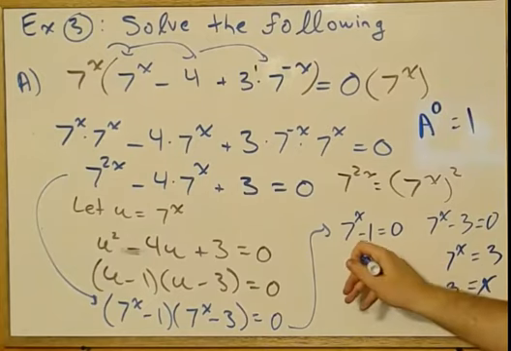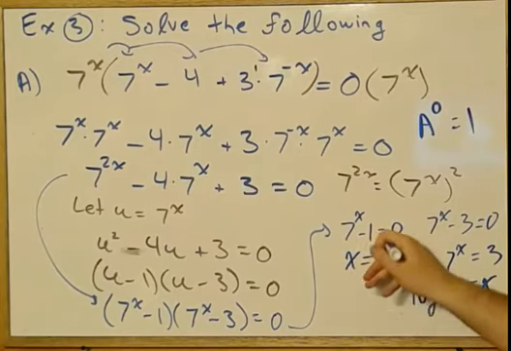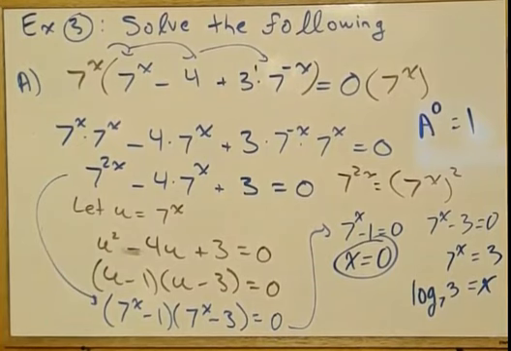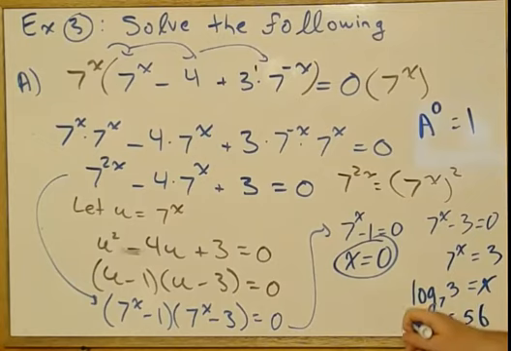So here, by inspection, I can see that x is equal to 0 will be one of our solutions because 7 to the power of 0 is 1, and 1 minus 1 gives us 0. Here, solving this one, log base 7 of 3 is equal to x, yields x being equal to 0.56 after applying the change of base formula.